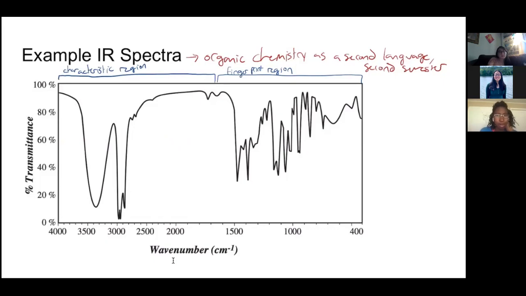And I'm sure some of you might be wondering, how on earth are we going to be able to tell anything from this graph? Well, these up and down lines, like you see how it goes down and then it goes back up, those form a peak, or they're considered a peak. And as I mentioned, different functional groups show up as the same type of peak consistently from one molecule to the next in the characteristic region.